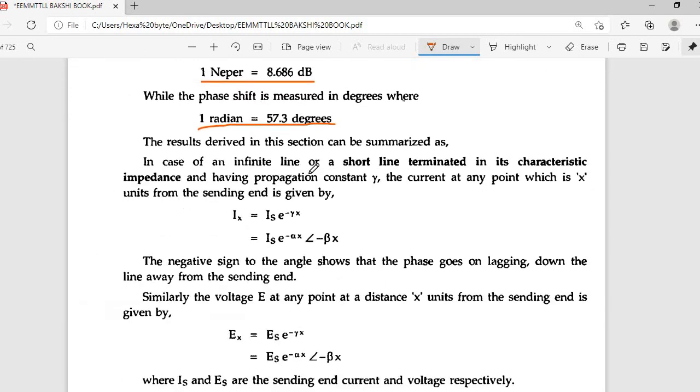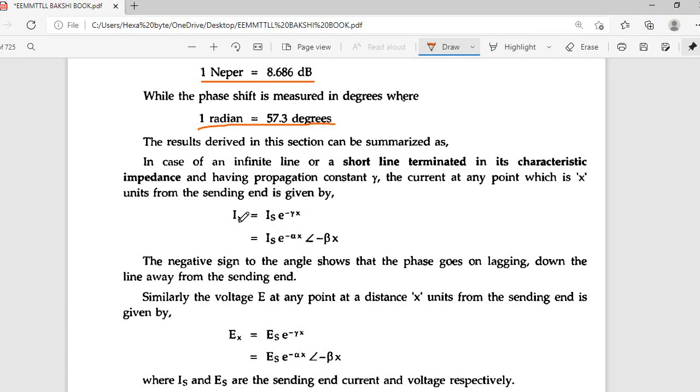In the case of an infinite line, or a short line terminated in its characteristic impedance and having propagation constant gamma, the current at any point x units from the sending end is given as Ix.